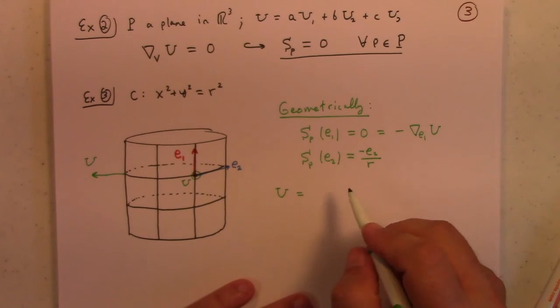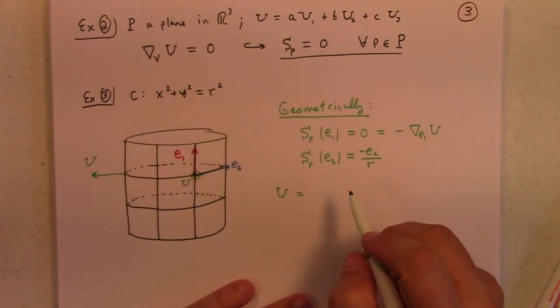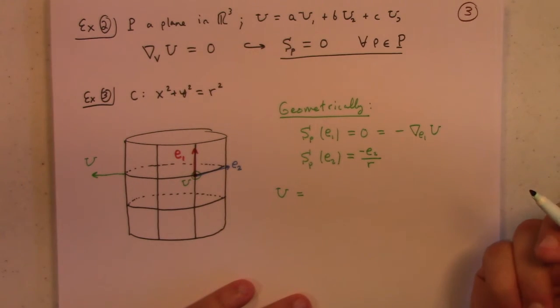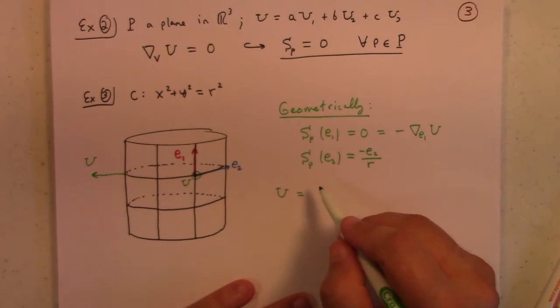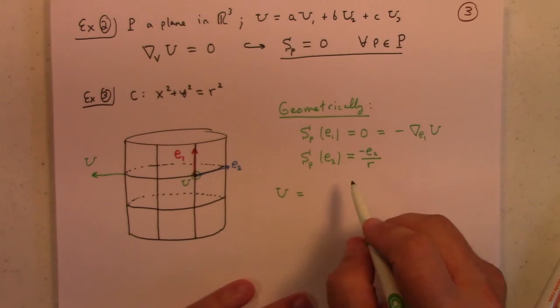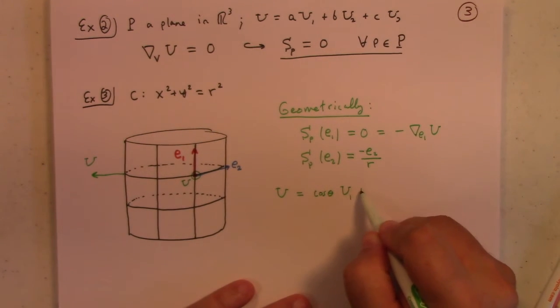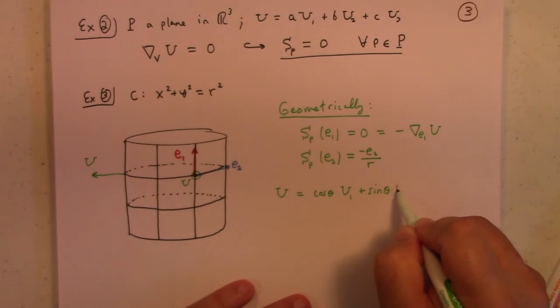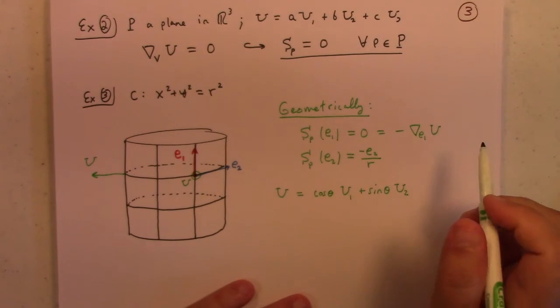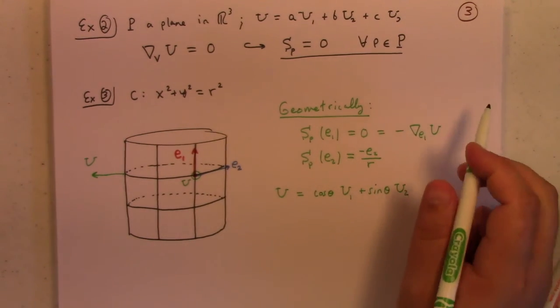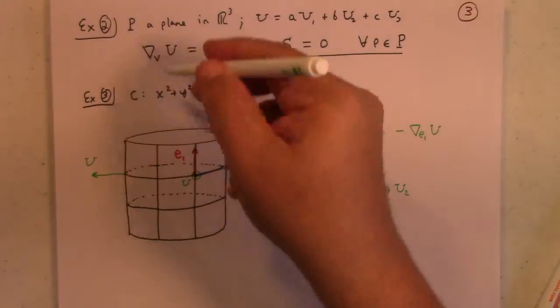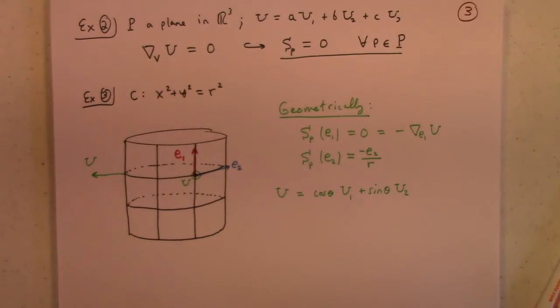I would call it R hat in calculus 3, but to get to the point here, cosine theta U1 plus sine theta U2. As you can see, there's no U3 dependence, because it points out from the z-axis, which is the axis of the cylinder here. So there's the unit normal.